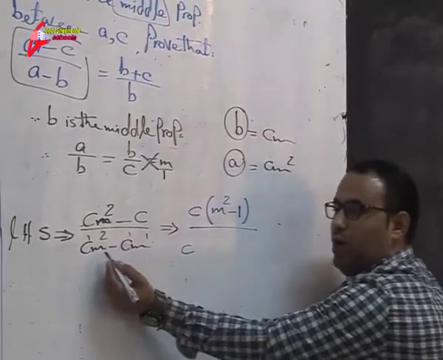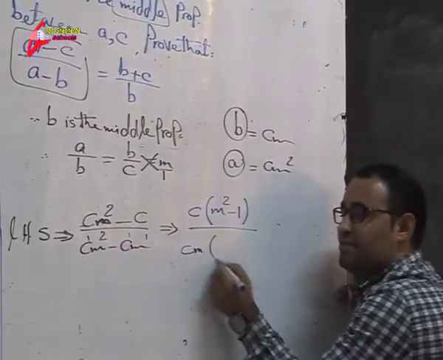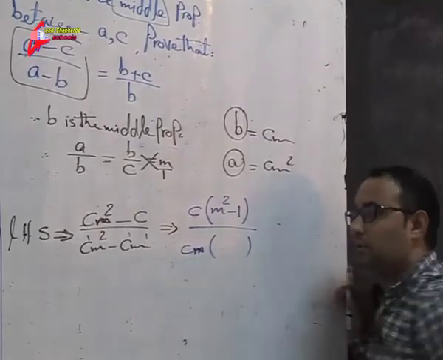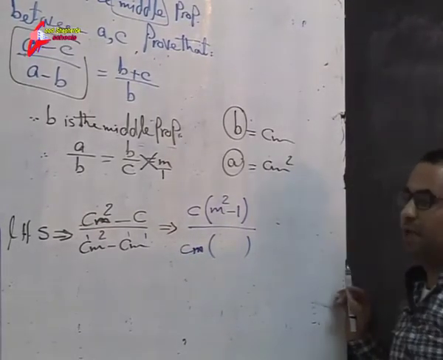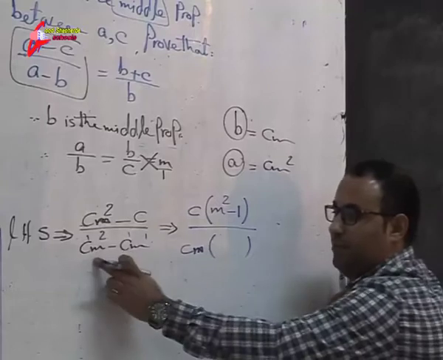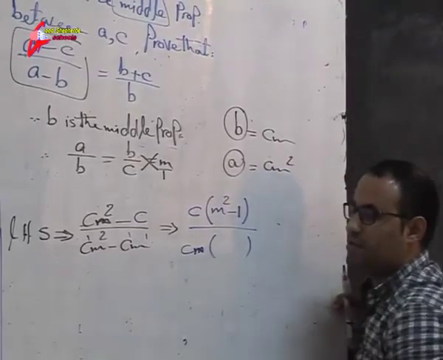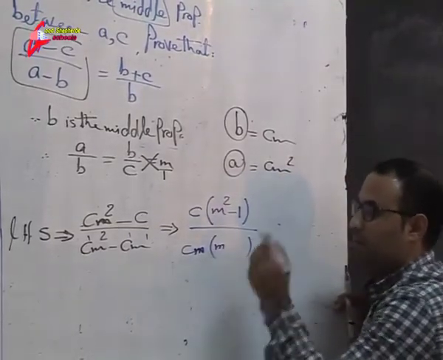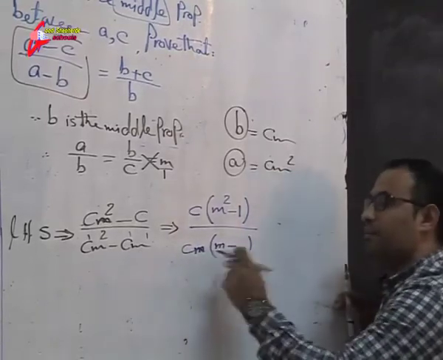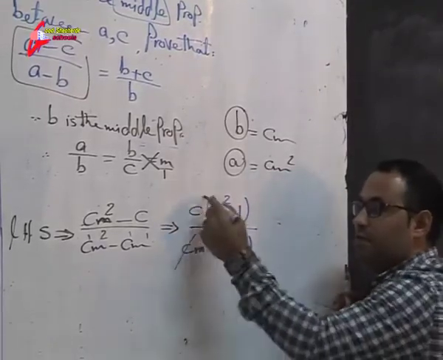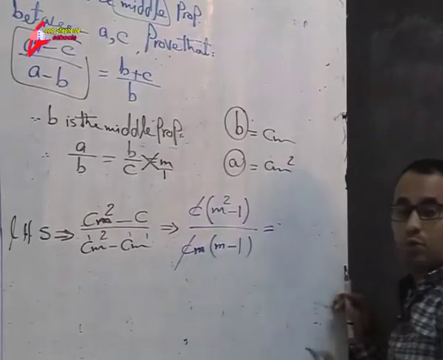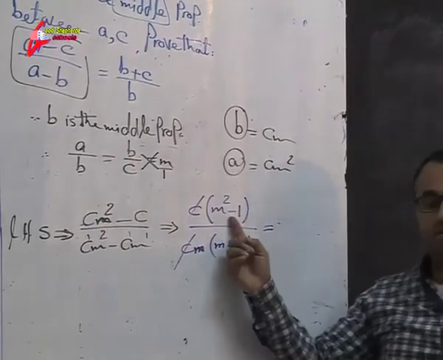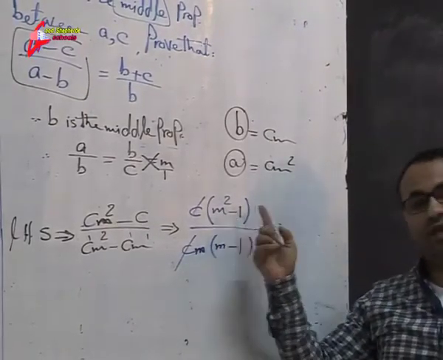m power 2 and m power 1, you must take the least power to be able to factor. Minus. From cm power 2, we take cm, it will be m once, minus cm over cm will be 1. C with c. Don't forget we have minus, and we can make the root for this and the root for this.